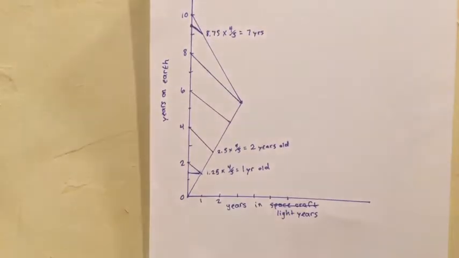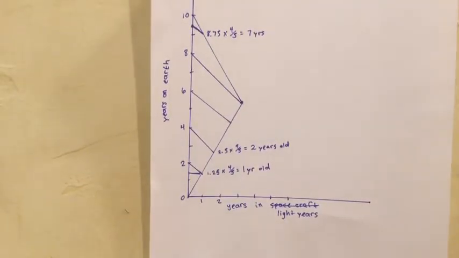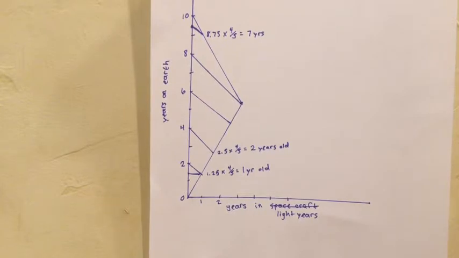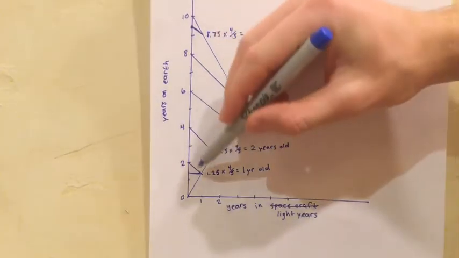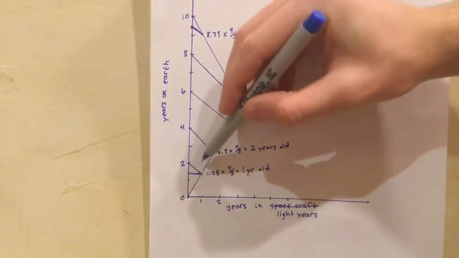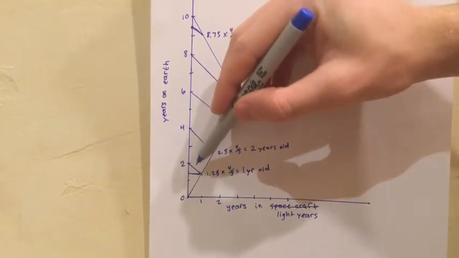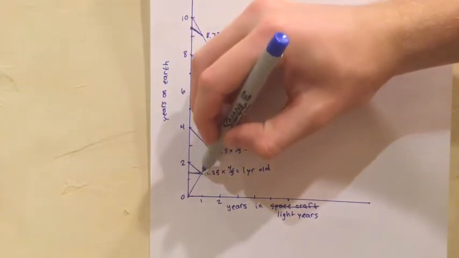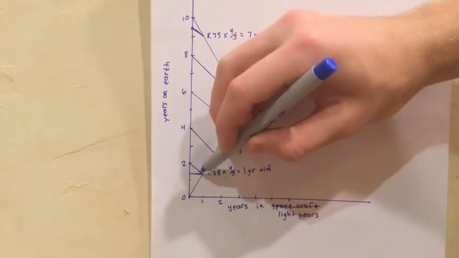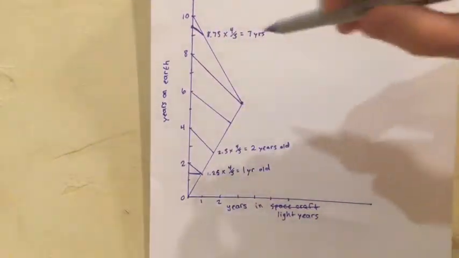These lines represent a picture being sent from the twin in the spacecraft to the twin on Earth. The reason is that communications at their fastest can go the speed of light. So the reason these lines represent the speed of light is that they're at 45 degrees from the horizontal.